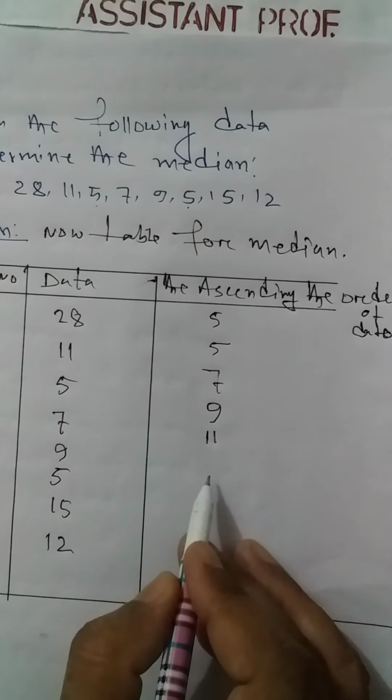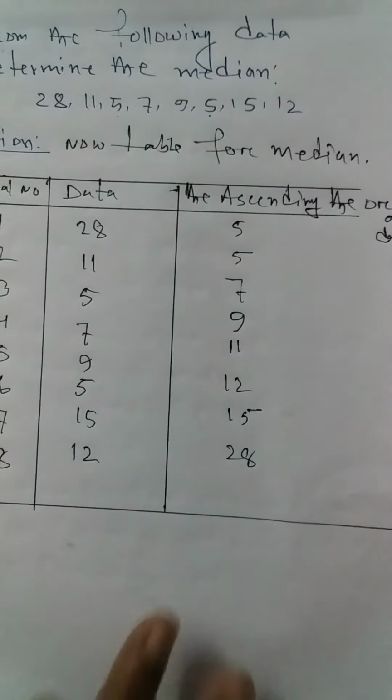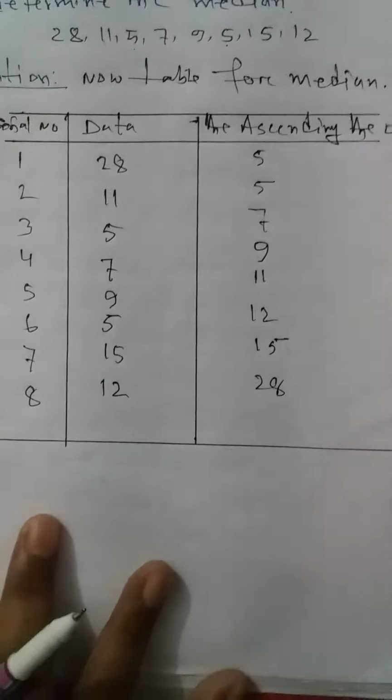Now at last we count the data, which is 8. It is the same. Now write the formula. So we know the formula of the median.